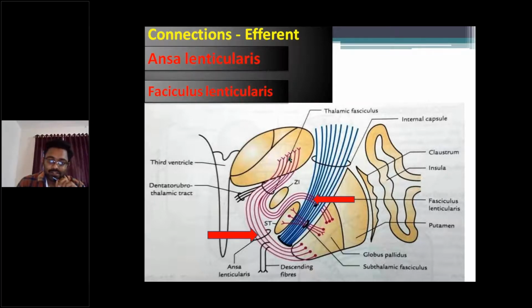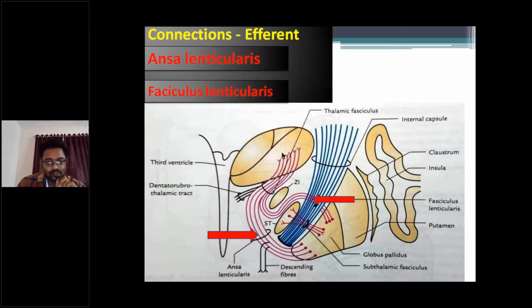So before terminating into thalamus, ansa lenticularis and fasciculus lenticularis join with the dentato-rubrothalamic tract to form the thalamic fasciculus. So thalamic fasciculus is formed by fasciculus lenticularis, ansa lenticularis, and dentato-rubrothalamic tract.